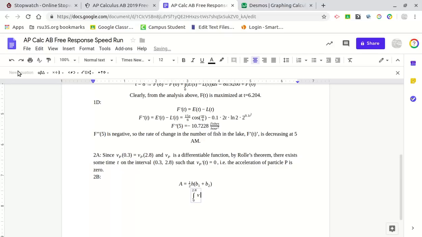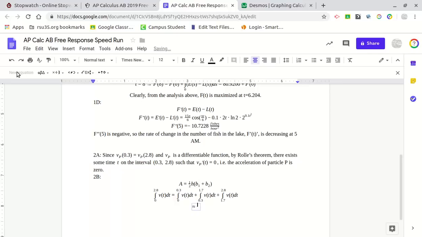So I can split the integral up into our different intervals. So from 0 to 0.3 plus 0.3 to 1.7 plus 1.7 to 2.8. And then I can use the formula to approximate the integrals.